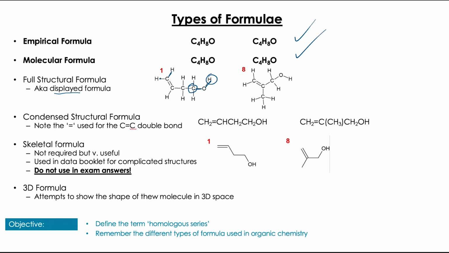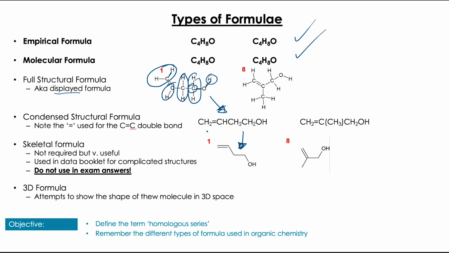This can be condensed into the structural formula, where we can take each of these groups of hydrogens and carbons and bring them down. Here you have a condensed formula, which can be very useful if you're typing, and can be a lot quicker.